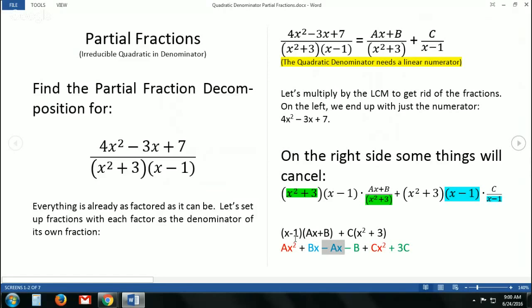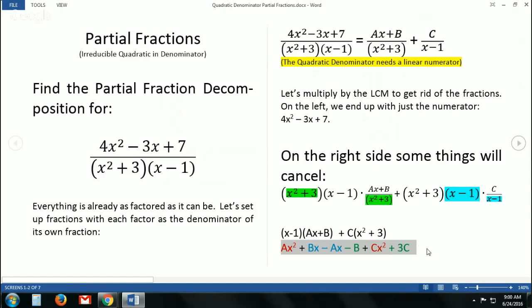And then the last one, negative 1 times b, makes negative b. Let's distribute the c on the back. c times x squared makes cx squared, and c times 3 makes 3c. So our product is here once we've multiplied everything out by our lowest common multiple.